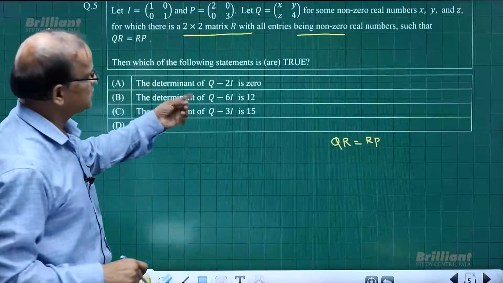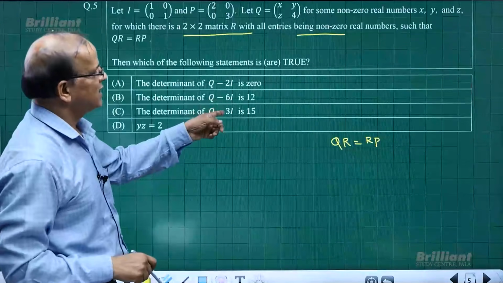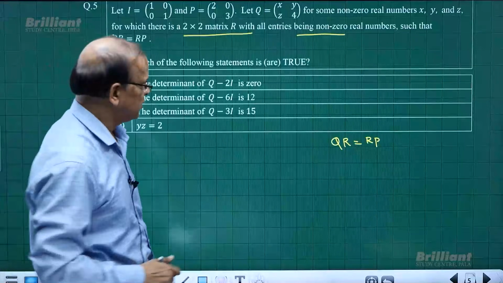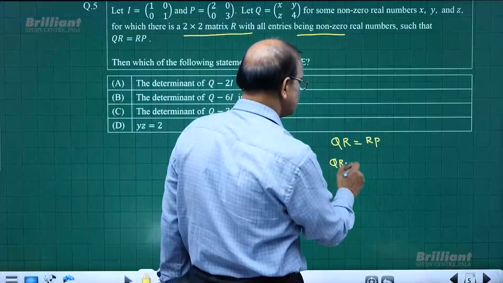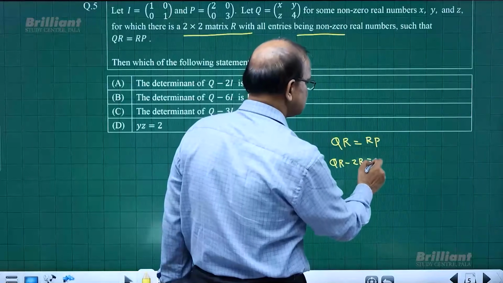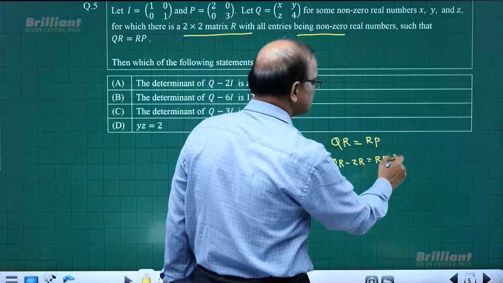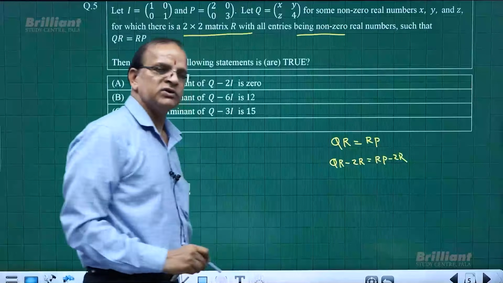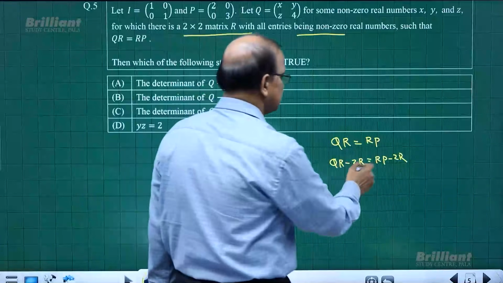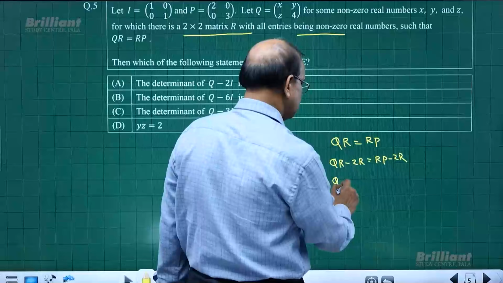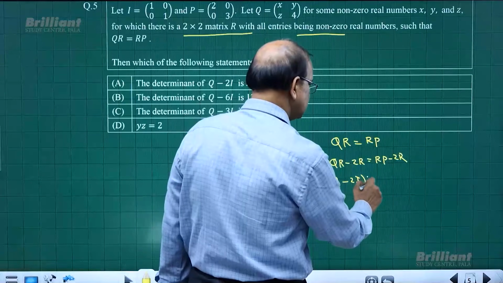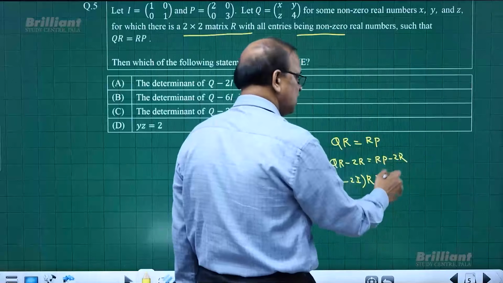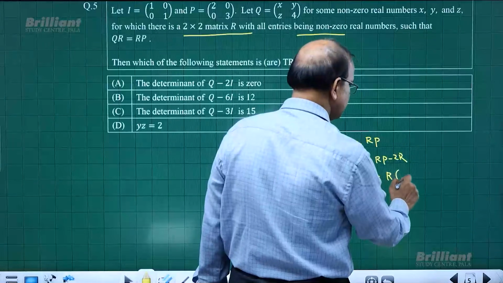See, in the options 2I, 6I, 3I are there. With that, I am subtracting 2R from both sides: QR minus 2R is equal to RP minus 2R. Here you can take R common on the right side: Q minus 2I into R. Now here R common, P minus 2I.